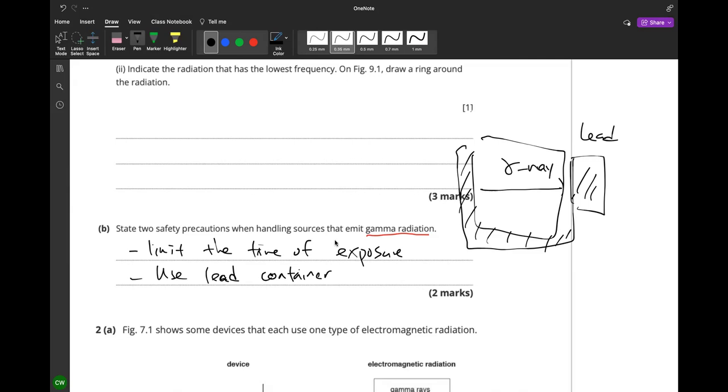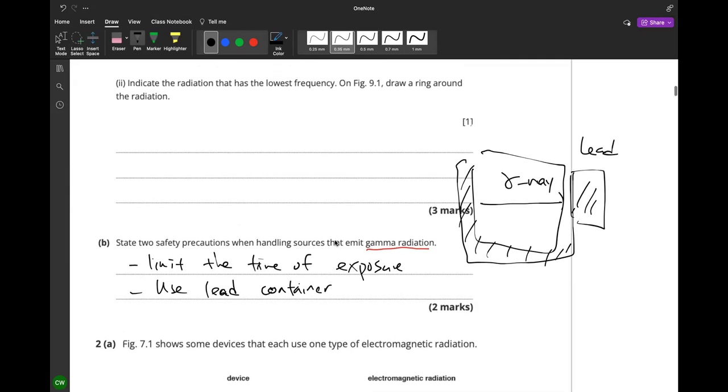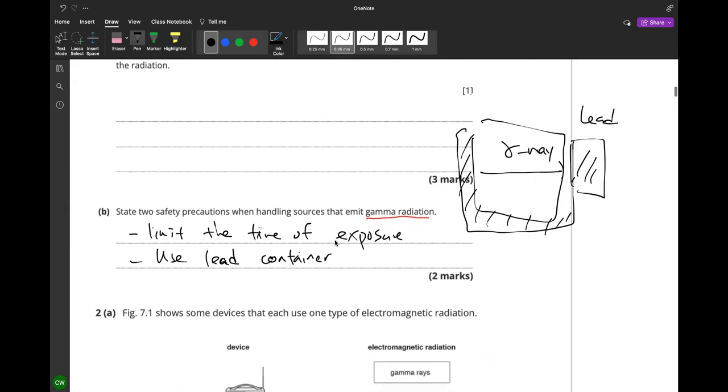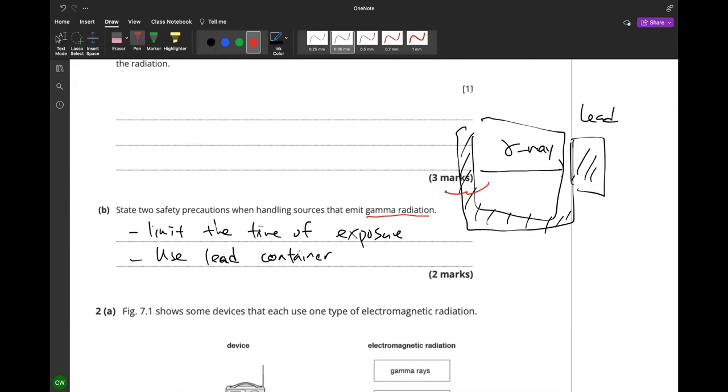You know what lead is? Use a lead container to hold it. If not, the gamma will leak out. This will reduce radiation. We use lead because we don't want the gamma ray to leak out. Prevent it from leaking out.